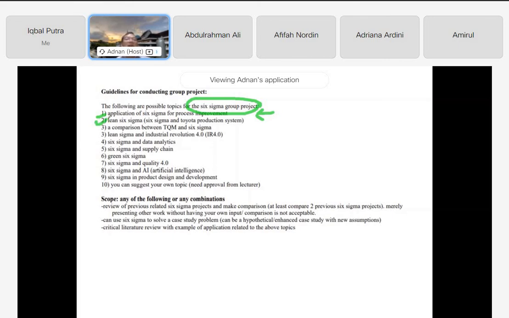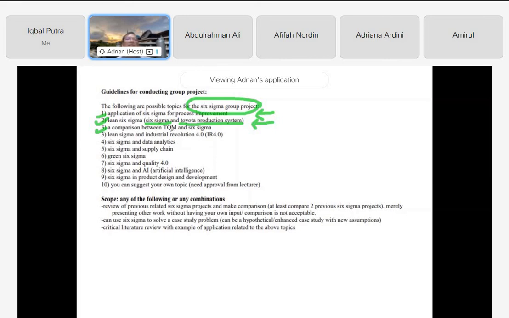Lean Six Sigma, for example, you can make a review of the Toyota production system combined with Six Sigma, and give examples of what companies have used this. A lot of resources are available on YouTube, online, in publications and journals; you can easily search for that.